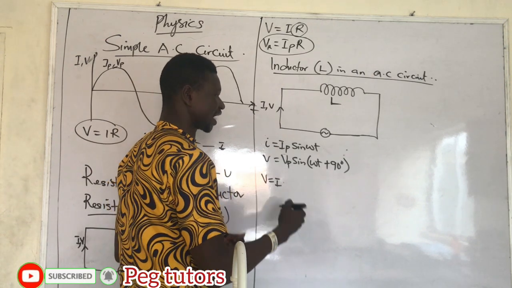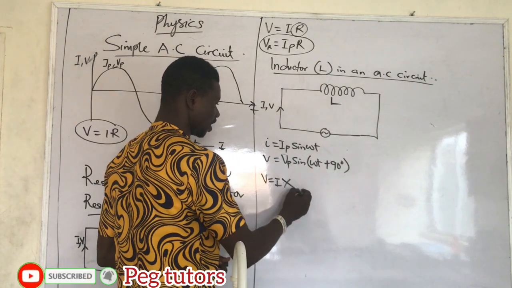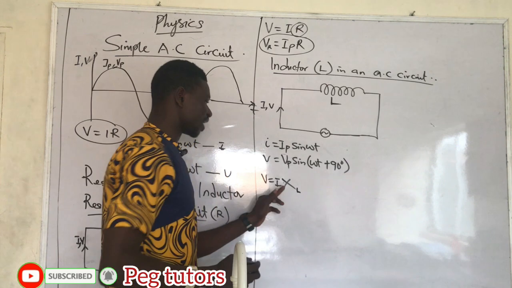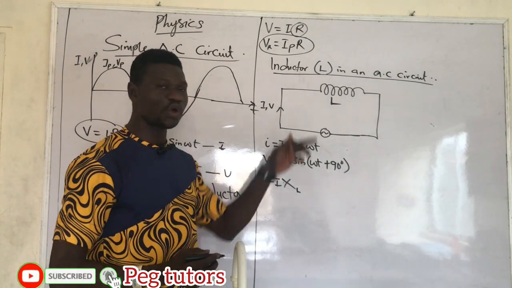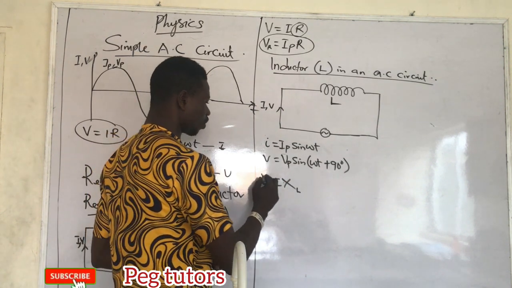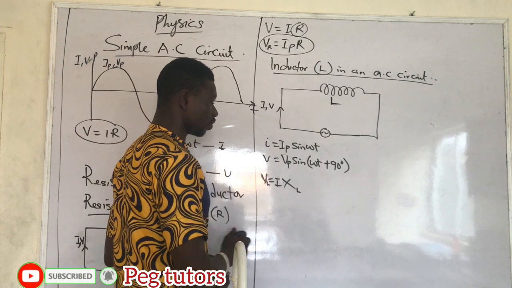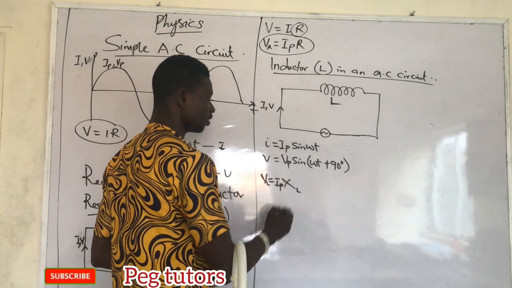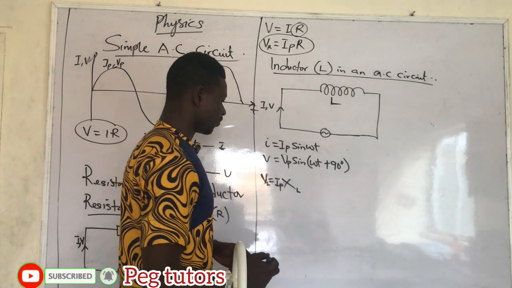Reactance is X in this AC circuit, so we represent it with X. Now XL tells us that this is the inductive reactance, the opposition to the flow of electric current in an AC circuit. So the voltage across the inductor becomes peak current times XL, which is the inductive reactance.